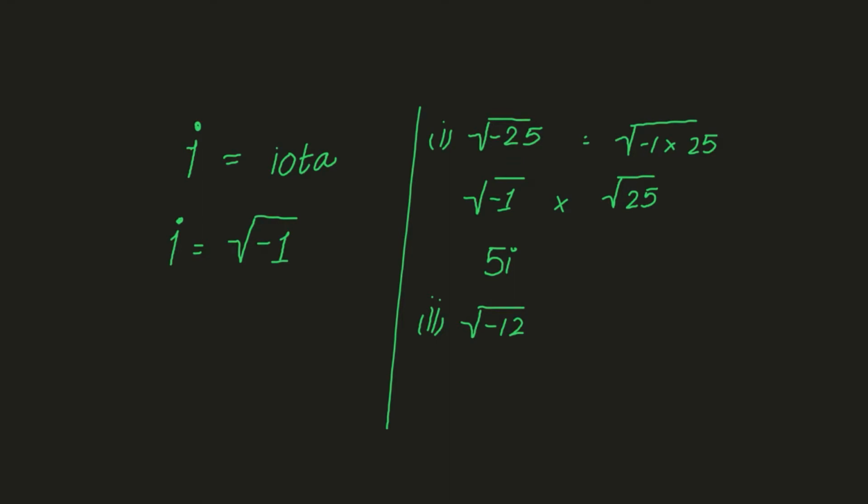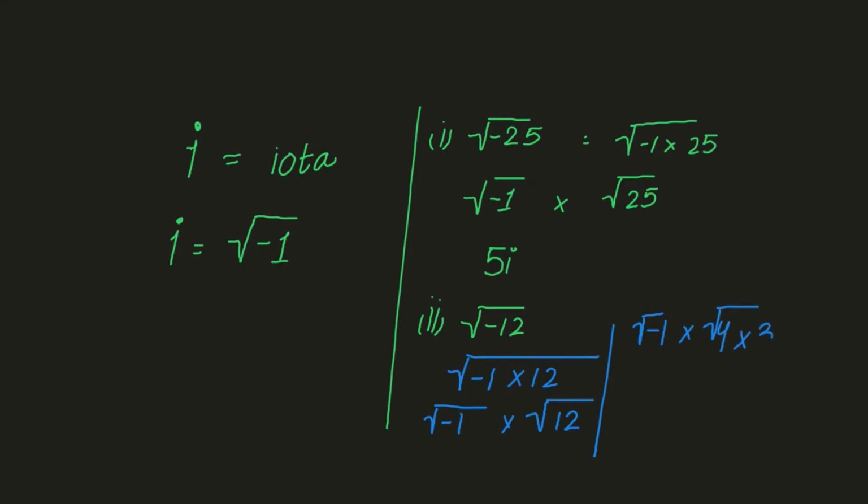So in the second one, we have root of -12. So let's just do something similar for this. Root of -1 times 12. So root of -1 and then root of 12. Alright. So what we're also going to do next is to simplify this further, root of 4 times 3.